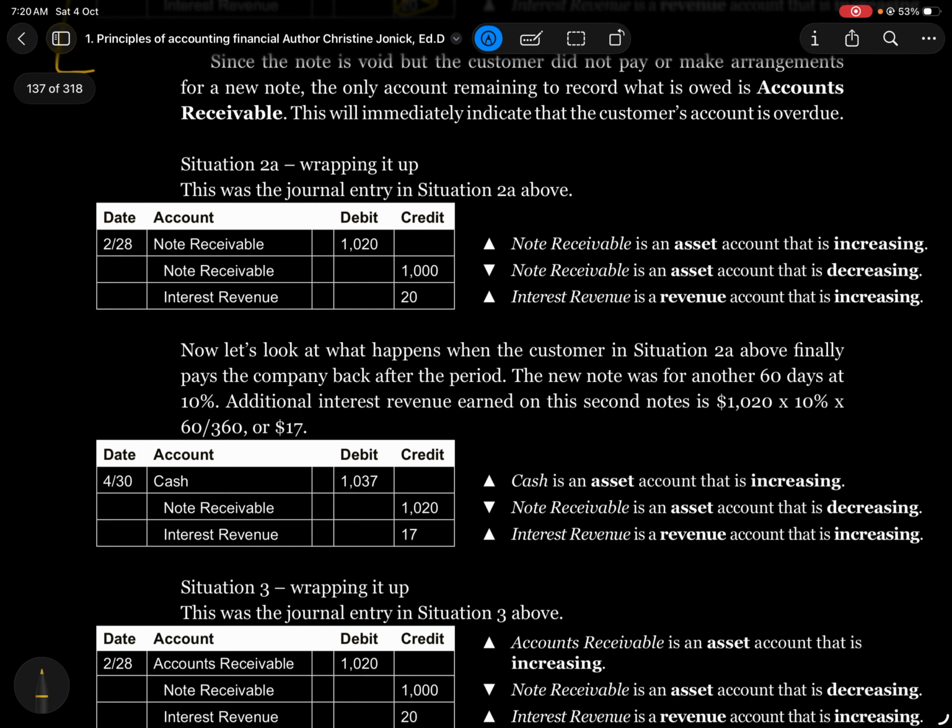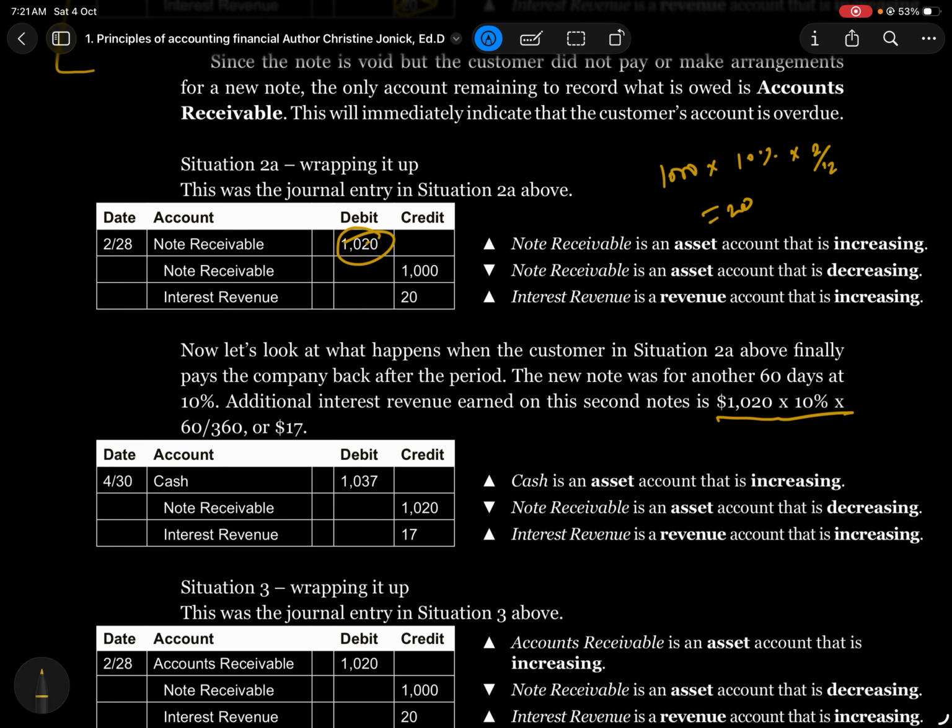So what it is trying to say over here is that when we capitalize this, when we change the notes receivable to 1,020, the interest also changes. Earlier it was just 1,000 into 10%, which was giving 20.